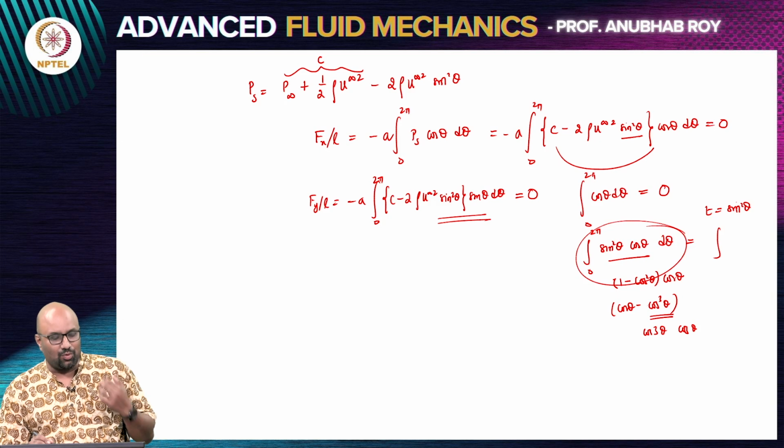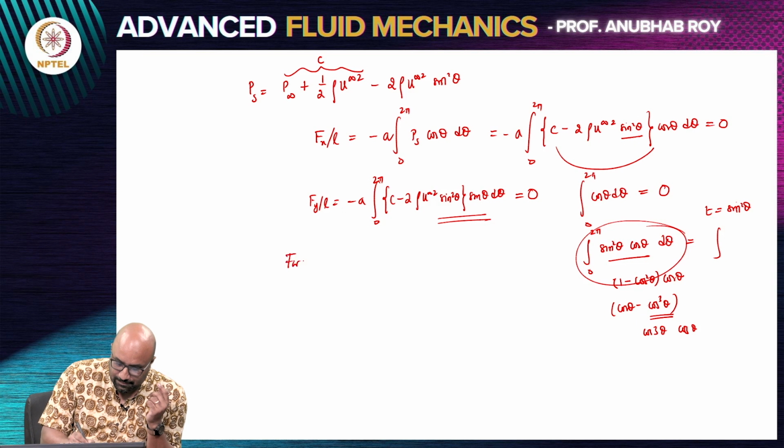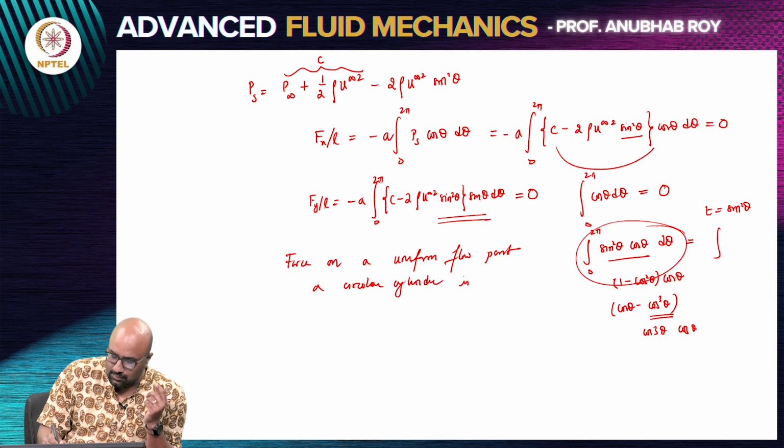So the fact is that you got a velocity profile, you got a pressure profile, you got a lot of these things, but eventually you come across something that is quite paradoxical: the force on a uniform flow past a circular cylinder is 0.